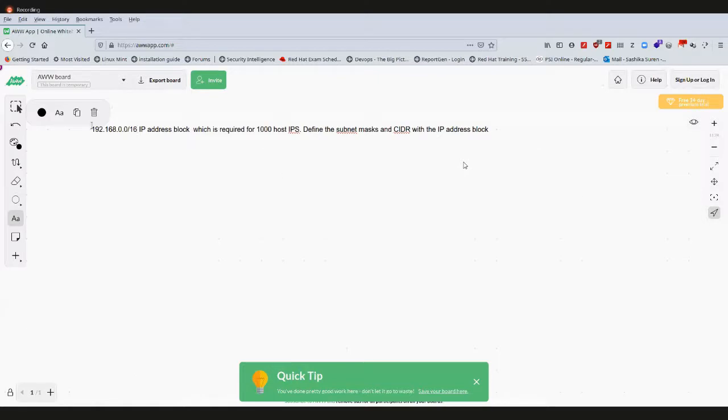So we need to break this /16 subnet into smaller portions that will tally with the 1,000 IP addresses.